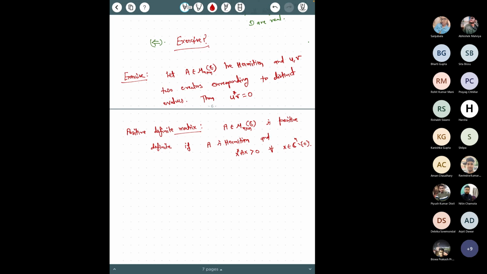So if A is Hermitian and this condition is satisfied, then A is called positive definite.